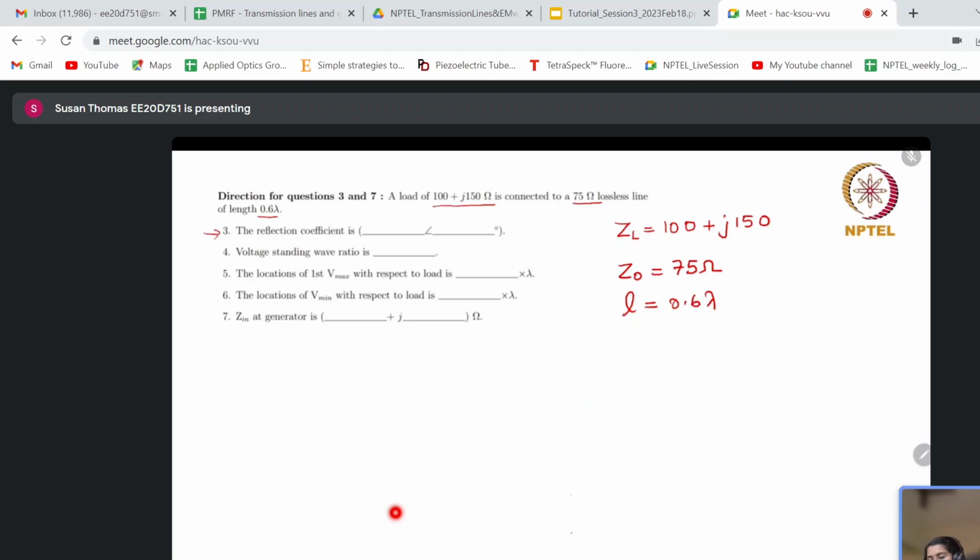First question is the reflection coefficient. The load impedance is complex. Because the load impedance is complex, the reflection coefficient will be calculated as ZL minus Z0 by ZL plus Z0. So 100 plus J150 minus Z0, which is 75, divided by 100 plus J150 plus 75.